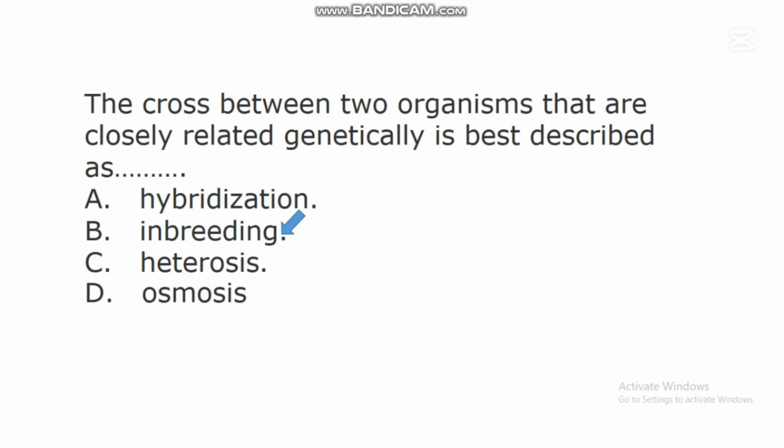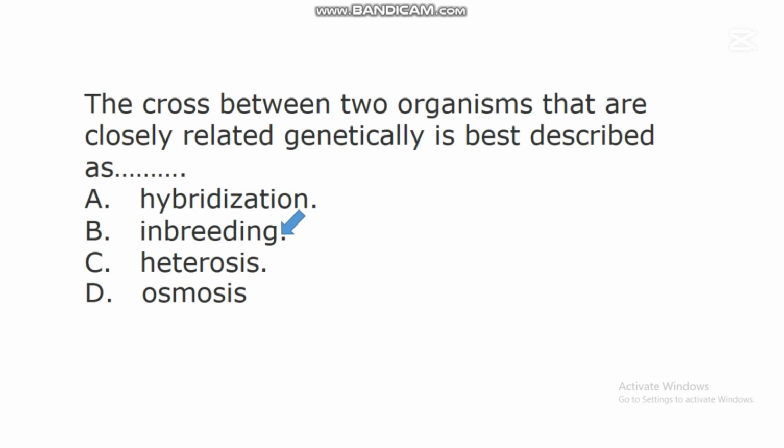For instance, if a cross takes place between a male animal and a female animal from the same mother, that type of crossing is called inbreeding, because in this situation the male and female animal were born by the same animal.